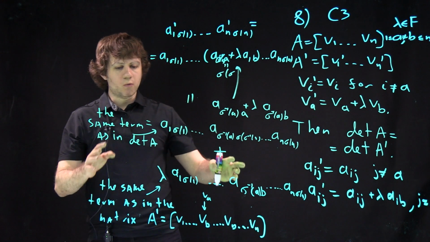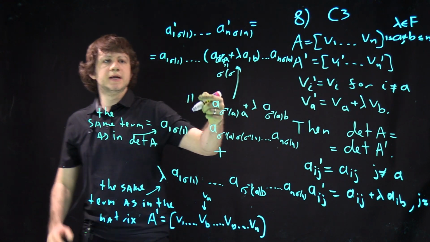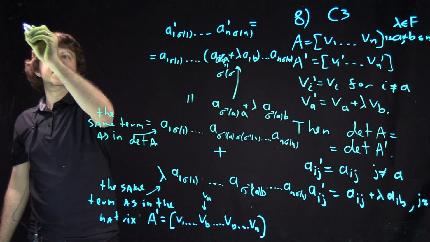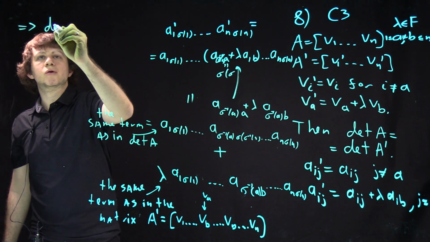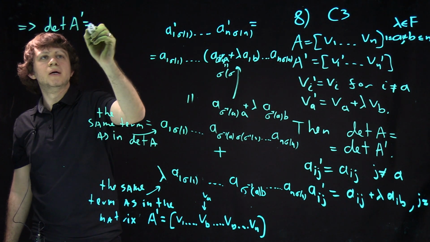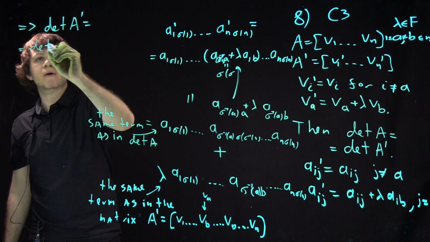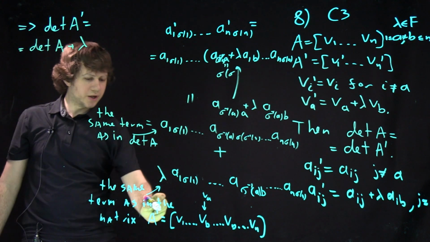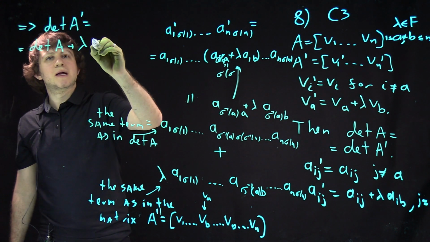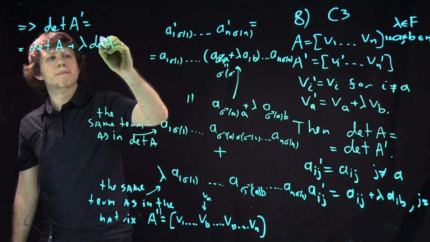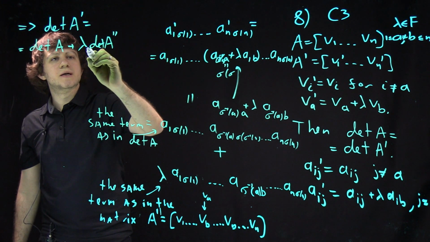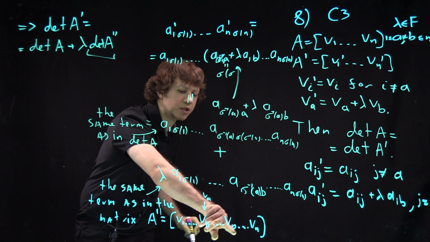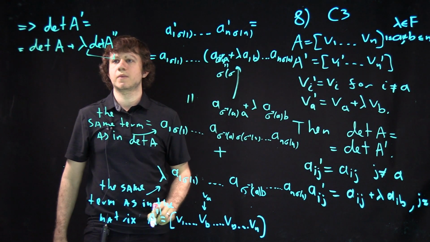And so when you sum up over all permutations, you get that the determinant of A prime is equal to the determinant of A plus lambda times the determinant of A2 prime, where this A2 prime is a matrix where you now have two equal columns to VB.